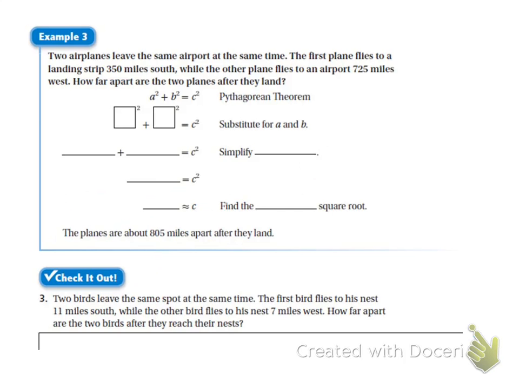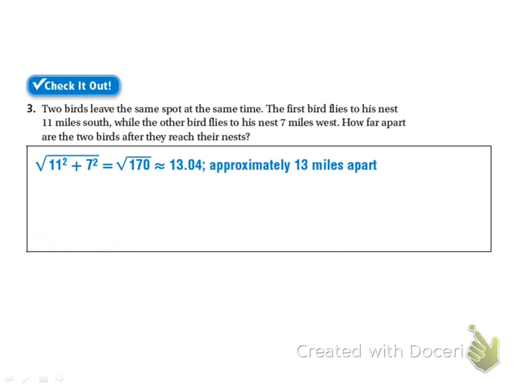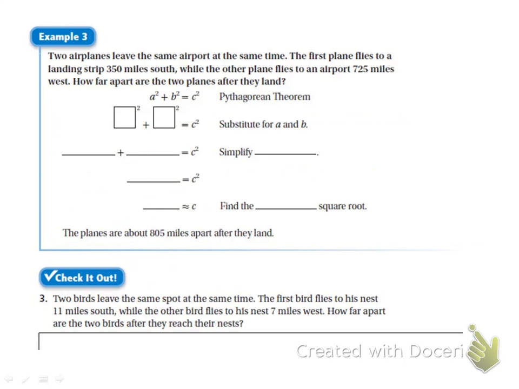Okay, for the last one we have number 3. 2 airplanes leave at the same time from the airport. The first plane flies 350 miles south, while the other plane flies to an airport 725 miles west. If I were to draw this picture as a triangle with a right angle, they're both leaving from the same place.